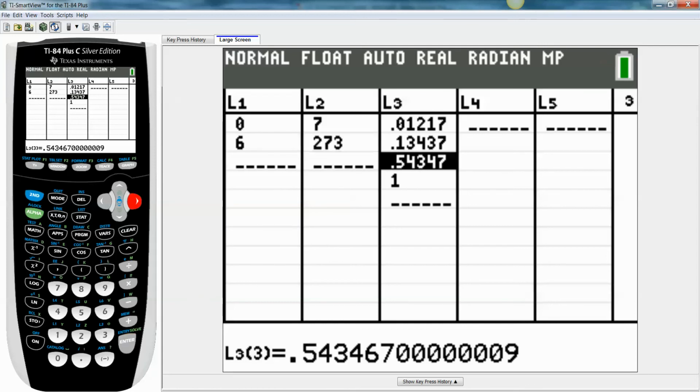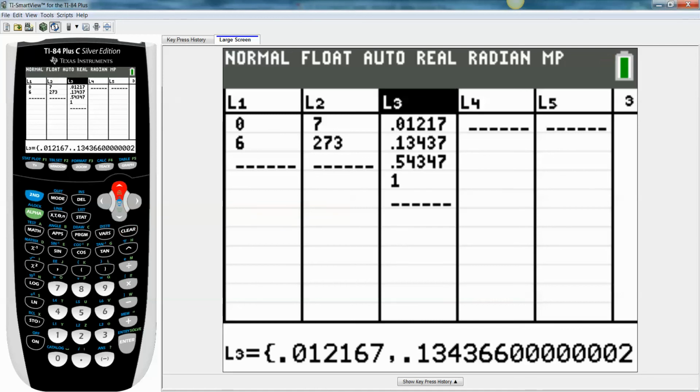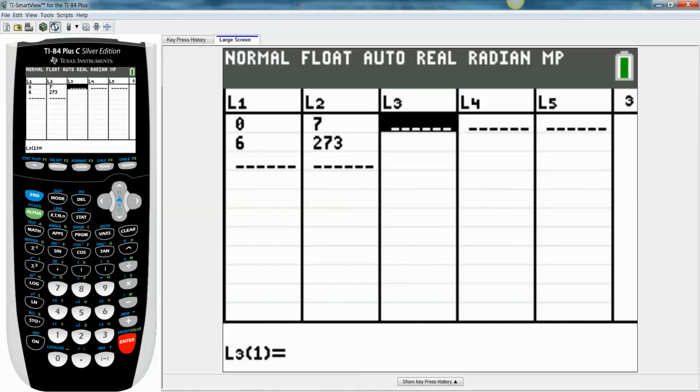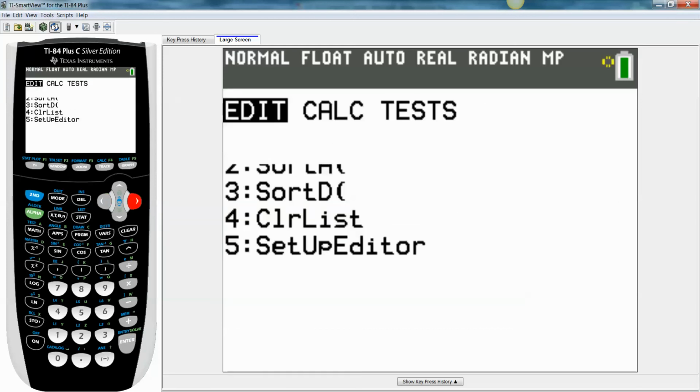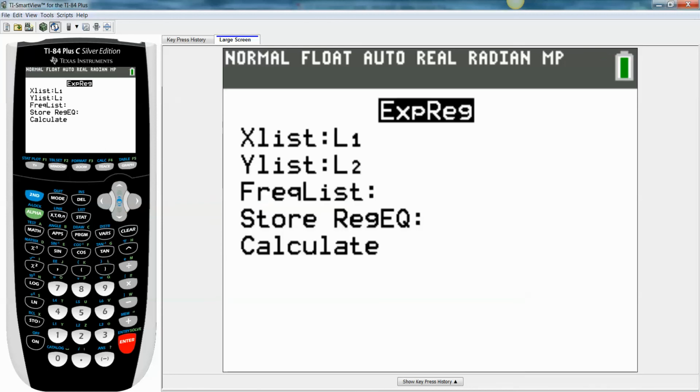And again, this isn't quite this section, but you're going to need it anyway, so you might as well know how to do it. Okay, so what could you do? Well, you can make the calculator come up with the exponential regression equation by hitting Stat, Calc, and letter 0 is exponential regression. See it right there? So you hit that and say, yep, my X list is in L1, my Y's are in L2.